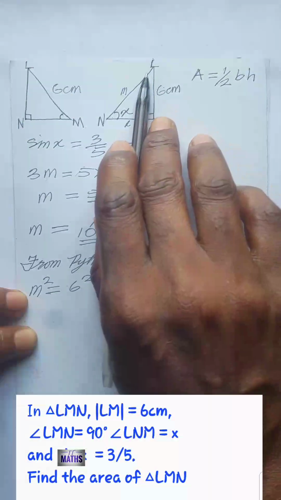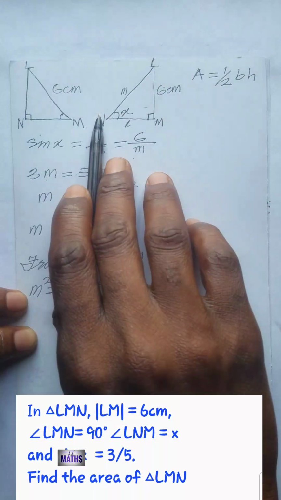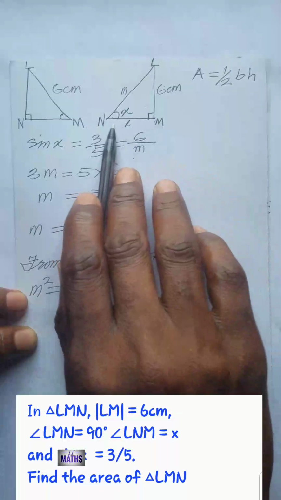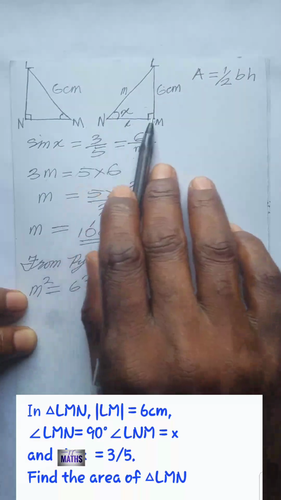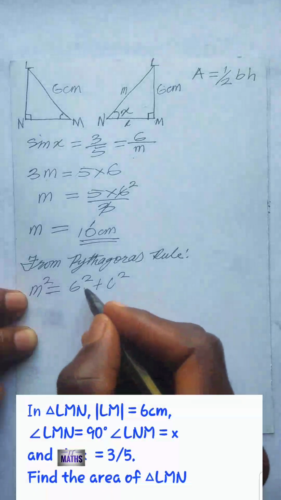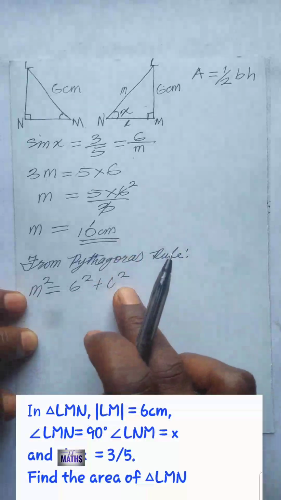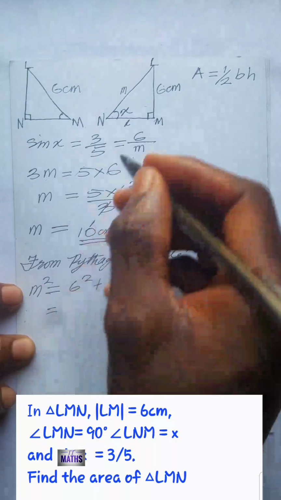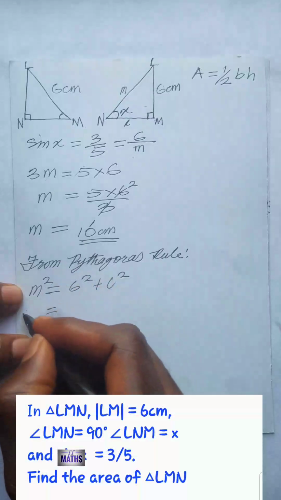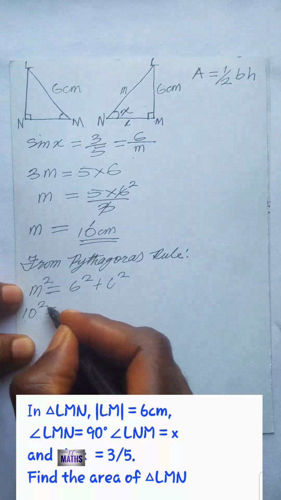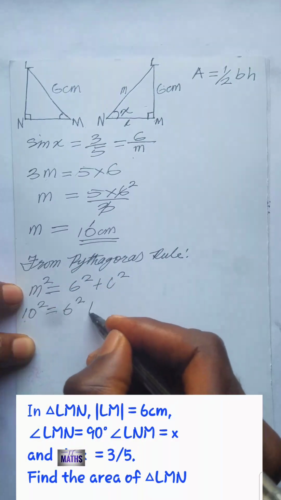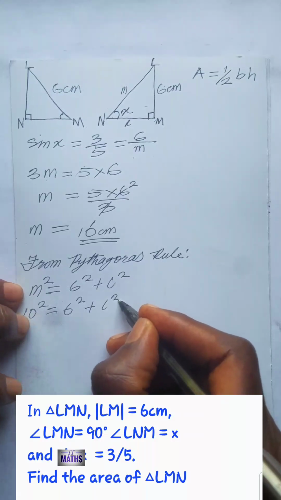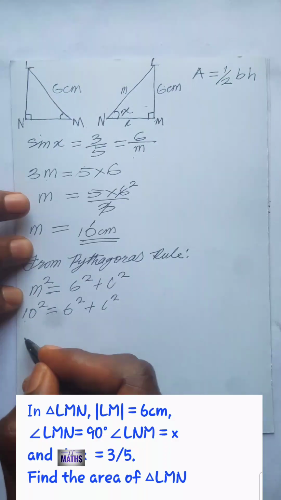Pythagoras rule states that the square of the hypotenuse is equal to the sum of the squares of the other two sides. These are the other two sides, okay? So 6 square plus L square. Is that okay? What is m? We know m to be 10. Plus L square.